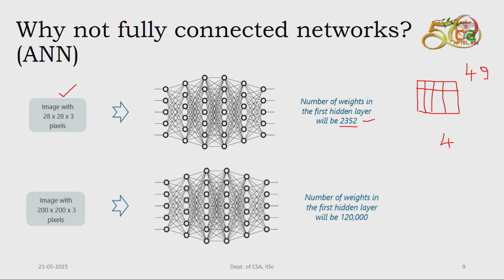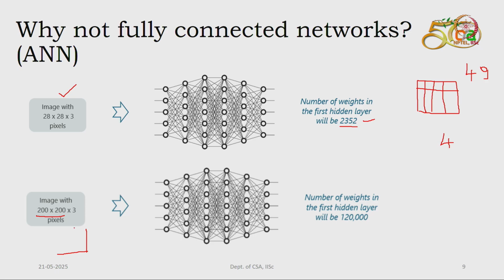Okay. Now, let us take one more example. We have one more color image, therefore, the channels here are 3, and now we are increasing the resolution of an image. Now, we are considering an image of size 200 cross 200, which means an image having width 200 and height 200, or in other simple terms, 200 rows and 200 columns.